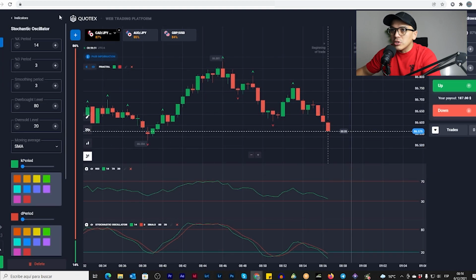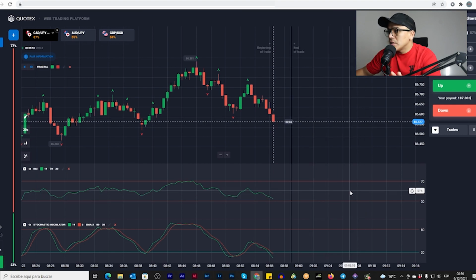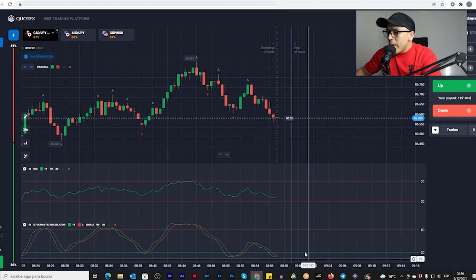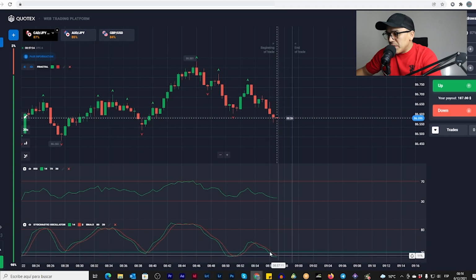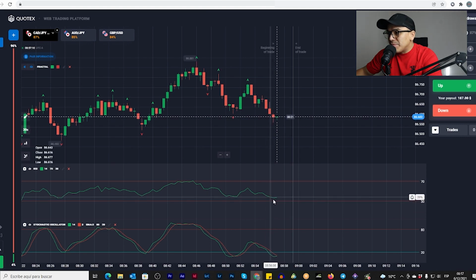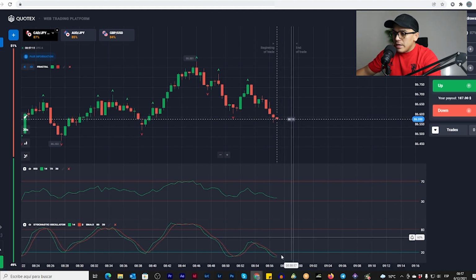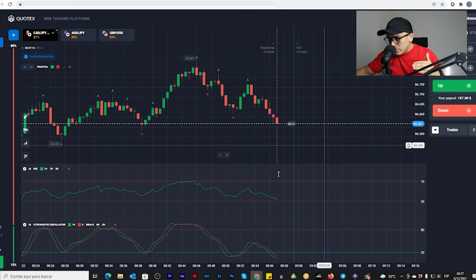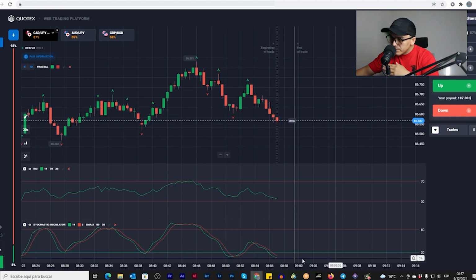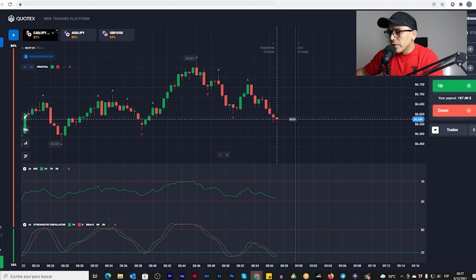How does this turbo strategy work? Well, today I'm going to trade with Quotex, but you can trade with the broker that you prefer. When the stochastic oscillator is below the period 20 line, you can see it here, crossing here, and is below 20 on the RSI, and the moving averages, these 3 moving averages, start going up and crossing, we are going to trade for 2 minutes for a call.